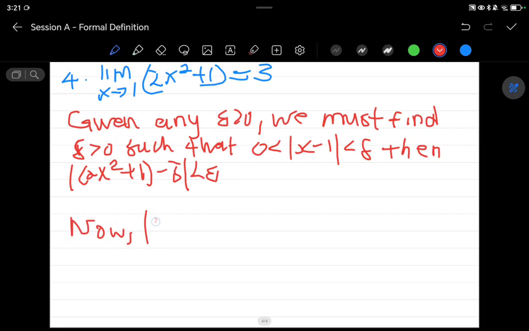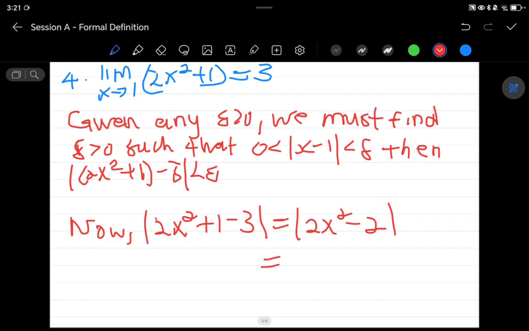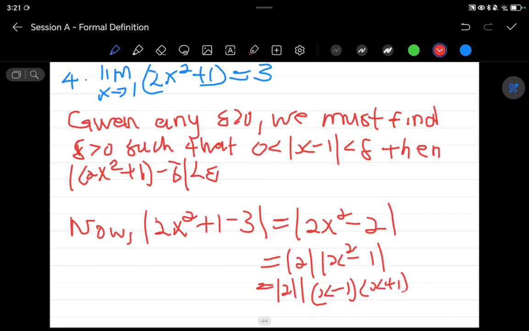If I have 2x squared plus 1 minus 3, then this will be equal to 2x squared minus 2, and we're looking for x minus 1. So we can first factor out 2, and then factorize this: x minus 1 and then x plus 1.